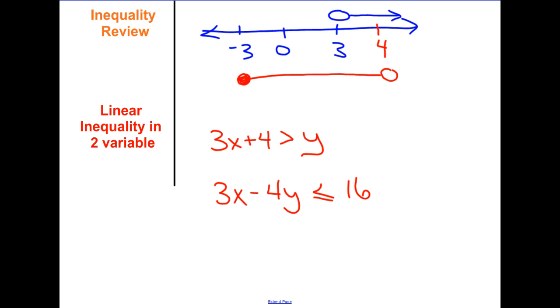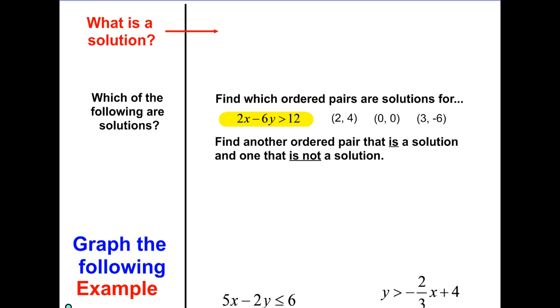One is in slope-intercept form and one is in standard form. When we're given an inequality with two variables, we need to know the solutions for that inequality. Really, a solution is a point that works for that inequality.